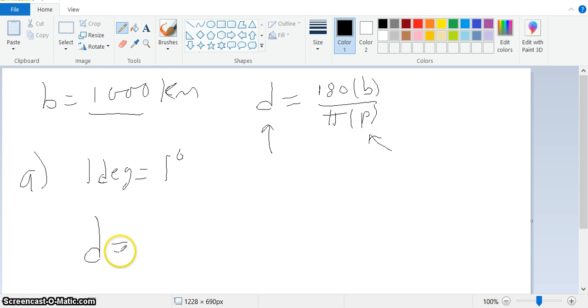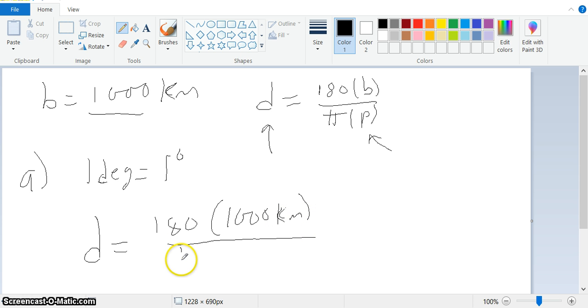So the distance for part A is equal to 180 times our baseline, which in this case is 1,000 kilometers. That has to be measured very carefully. And divided by pi, and this pi goes in the denominator, and also the 1 degree goes in the denominator as well.